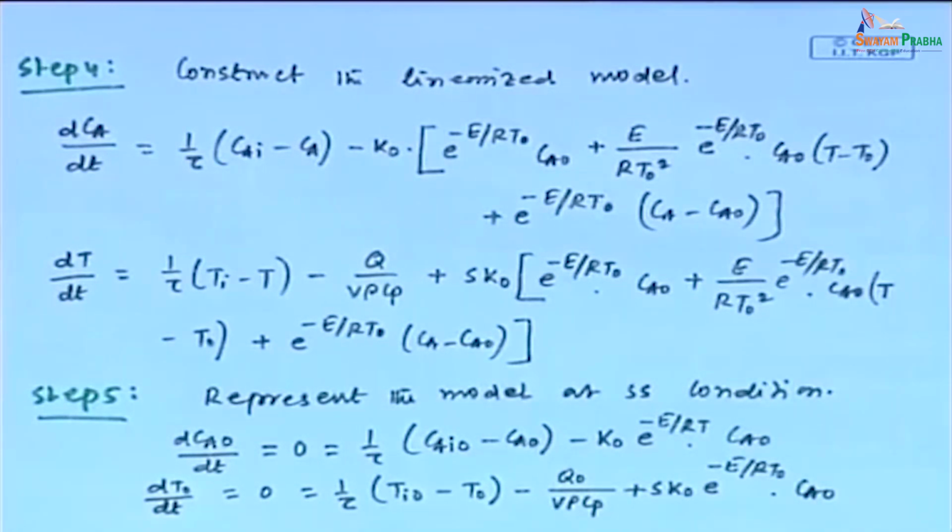This is the steady state representation of the second modeling equation. Fine. So, sometimes we use suffix s, sometimes we use suffix 0 to represent the steady state.